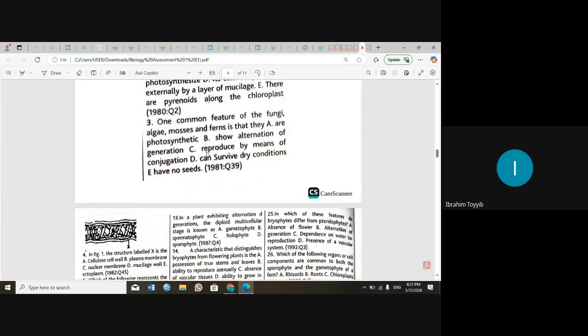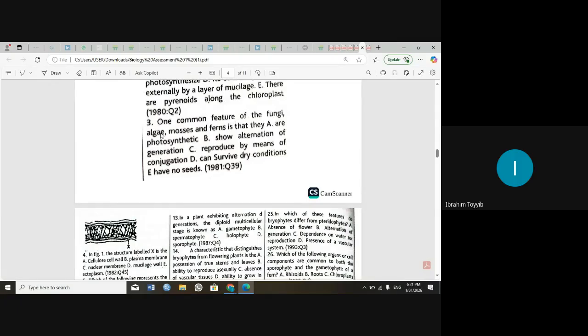One common feature of the fungi, algae, mosses and ferns is that... Okay, who can answer number one?